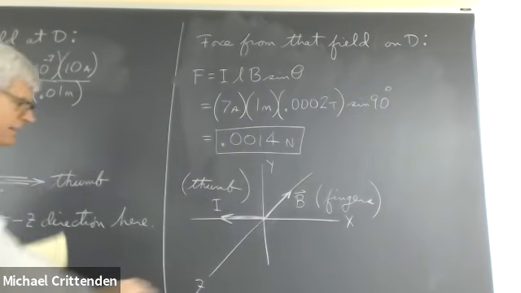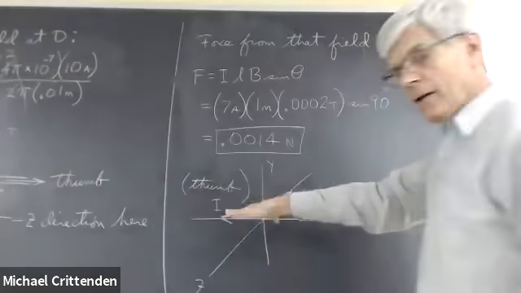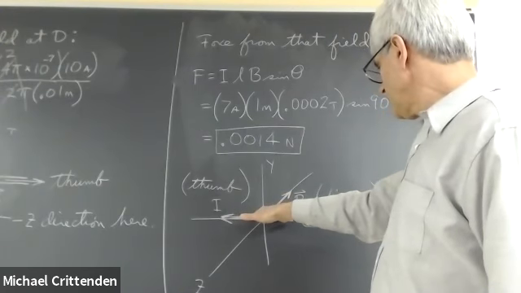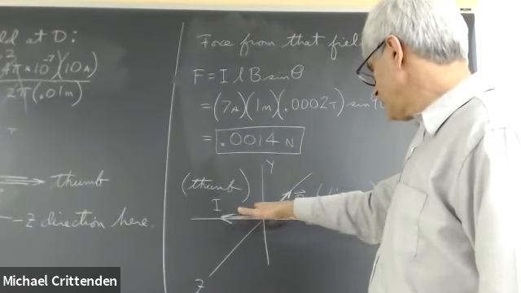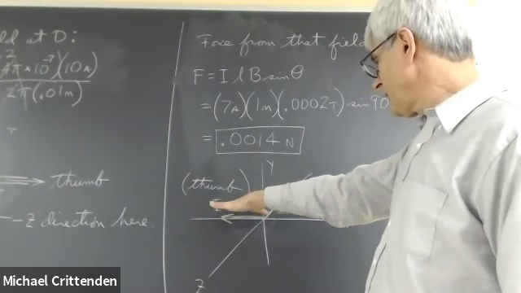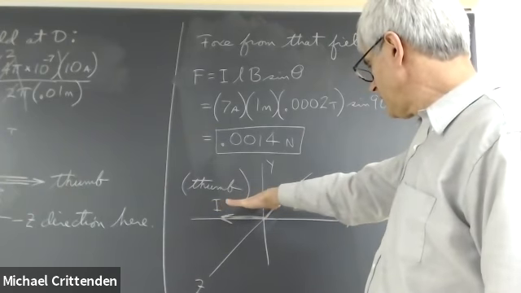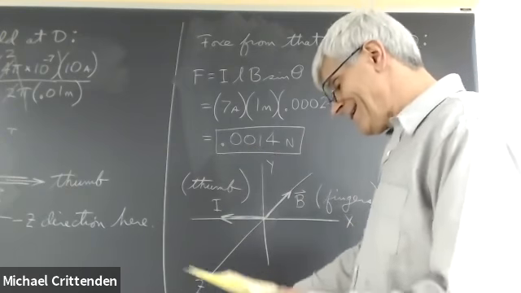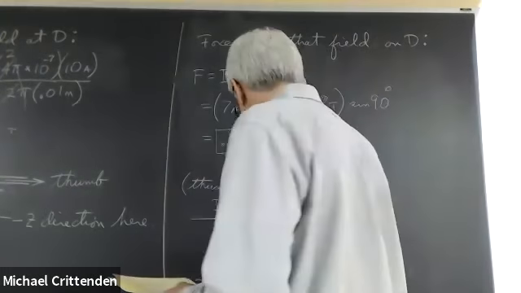So I'll get my hand in there and do that. Fingers are pointing through the blackboard in the direction of the magnetic field. My thumb points to the left because the current goes to the left. Looks like my palm pushes the wire downward.